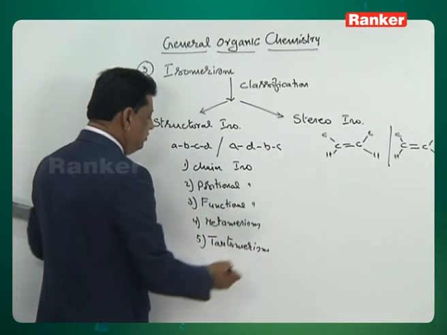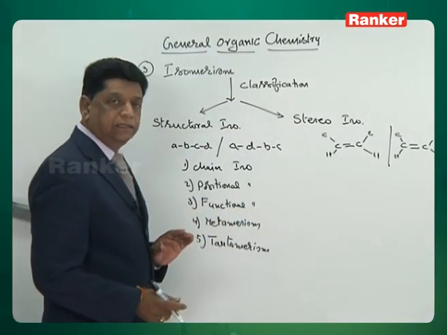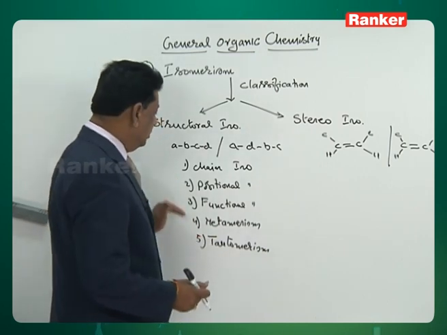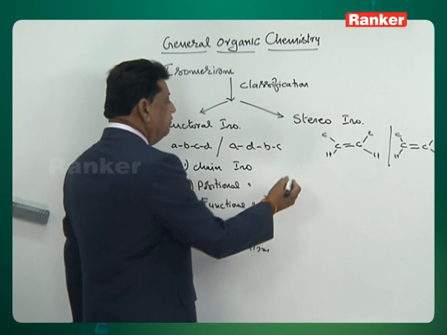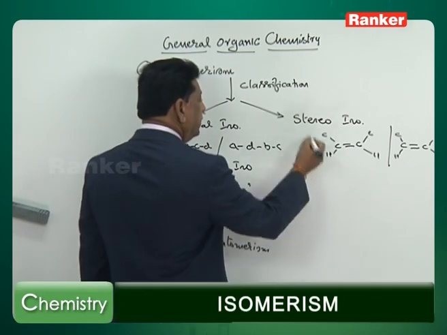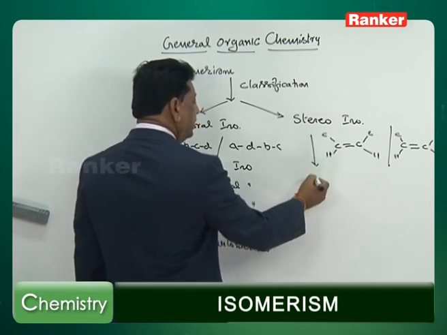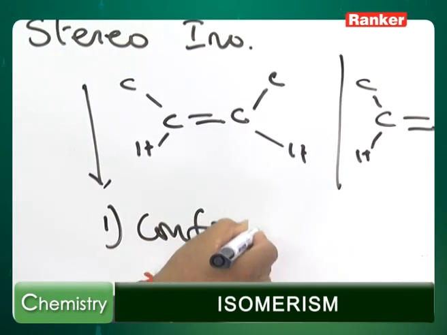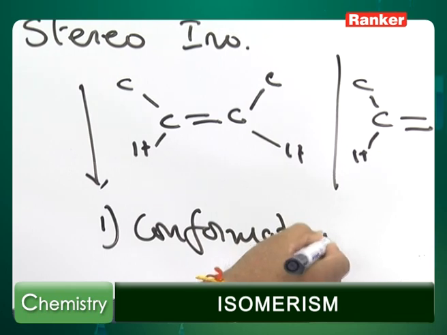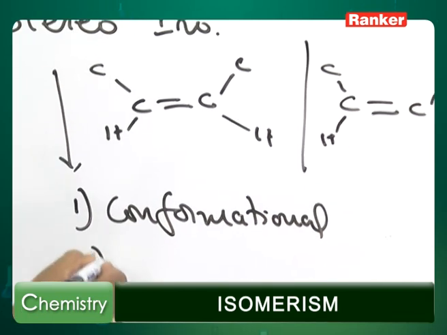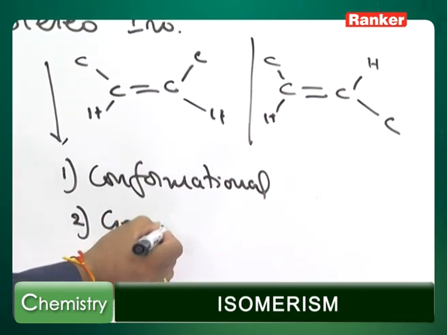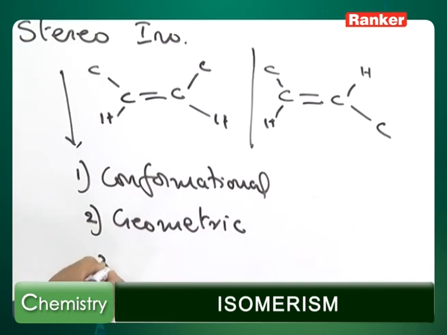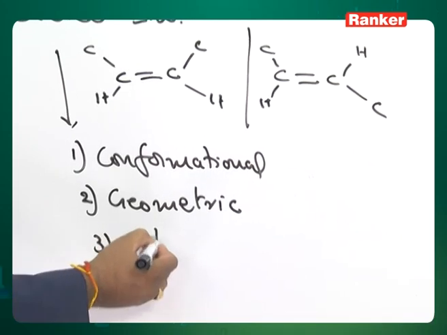All these 5 isomerisms are relatively somewhat easy to understand, and representing the information is also a little easier when compared with the other type. Under the stereo isomerism we have the 3 varieties: conformational isomerism, geometric isomerism, and optical isomerism.